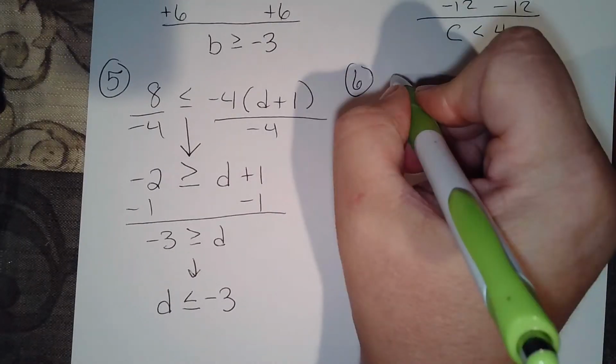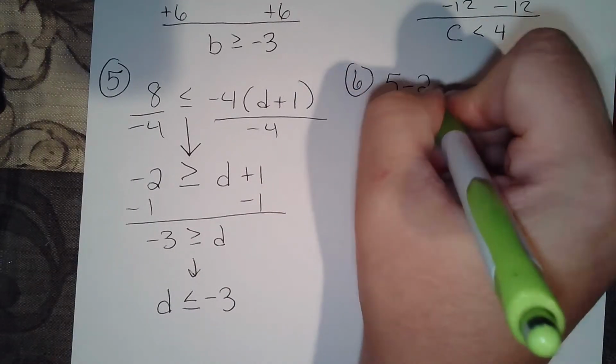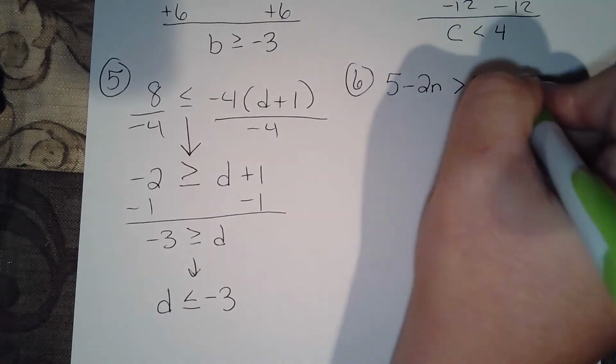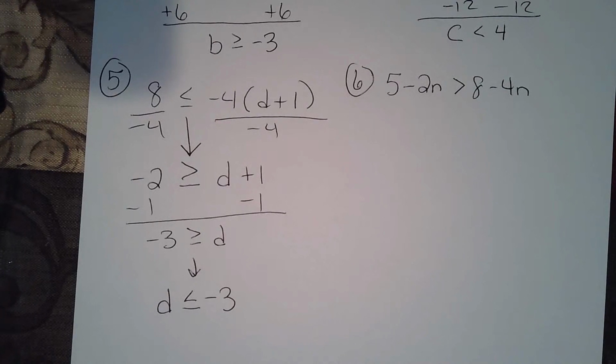6 is 5 minus 2n is greater than 8 minus 4n. So this one has a coefficient on each side, and a variable term on each side. So let's take this one step at a time. Let's take care of the variable terms first. So negative 2n and negative 4n.